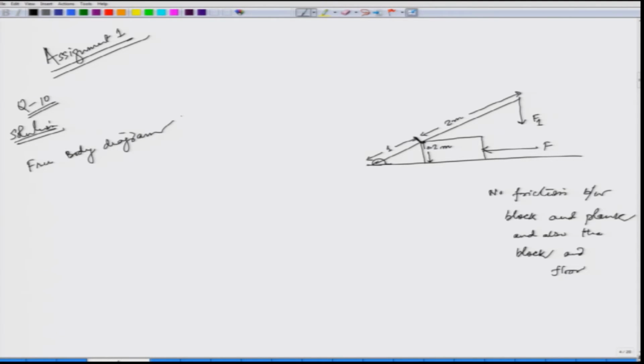Free body diagram for both the rod and the inclined block.